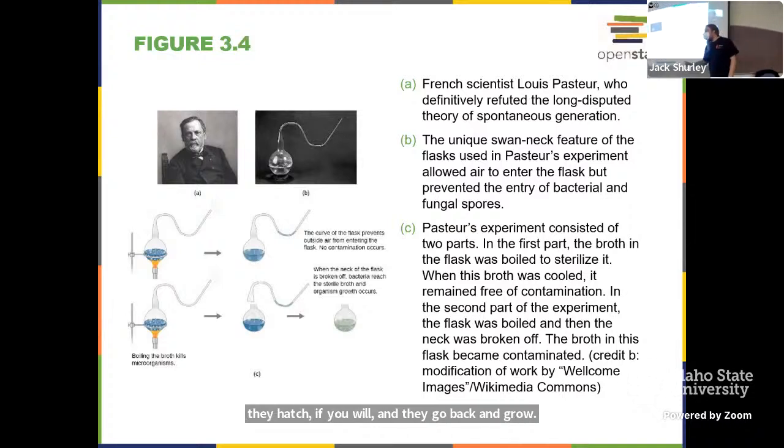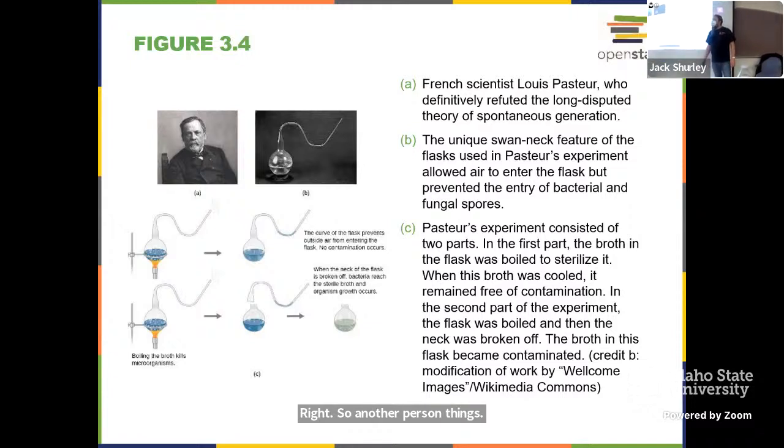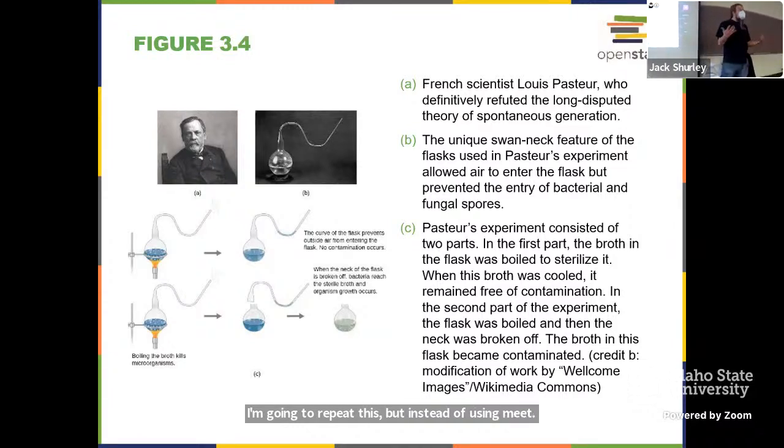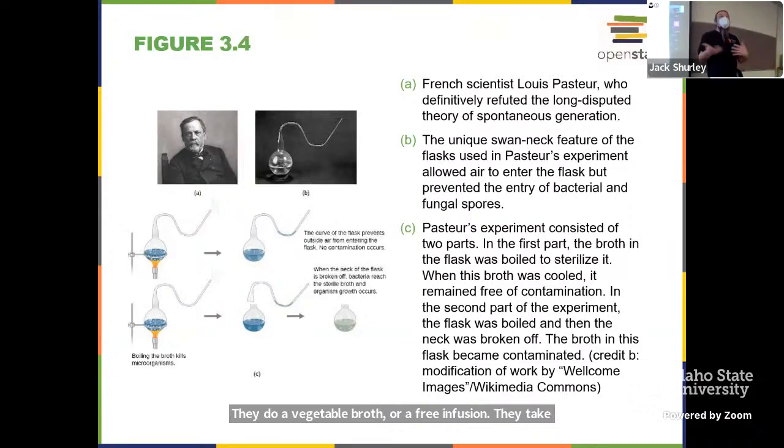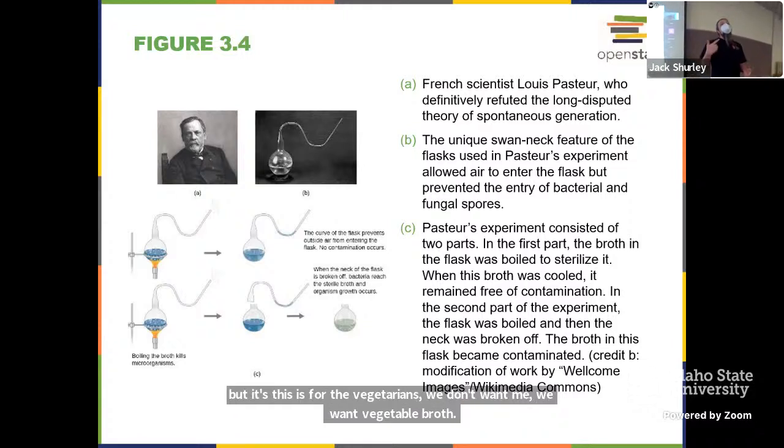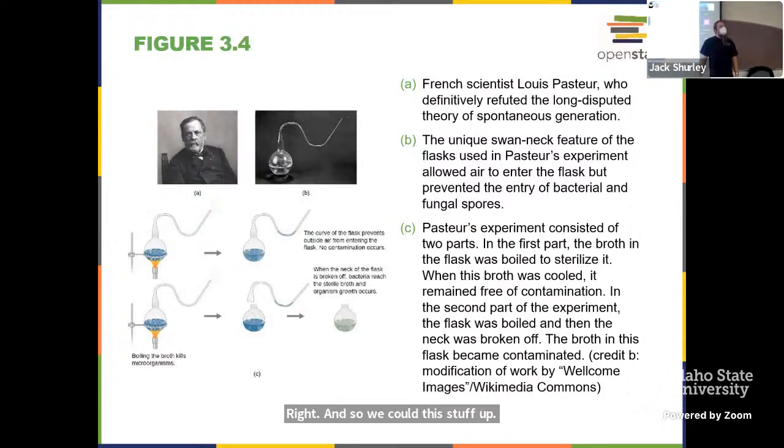So another person thinks, I'm gonna repeat this, but instead of using meat, they do a vegetable broth or a hay infusion. They take this stuff, they cook it up, and now we've got a broth, but this is for the vegetarians. We don't want meat, we want vegetable broth, right? And so we cook this stuff up, and now we see it going turbid, all right?